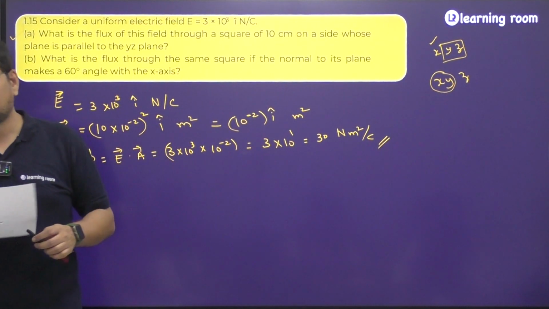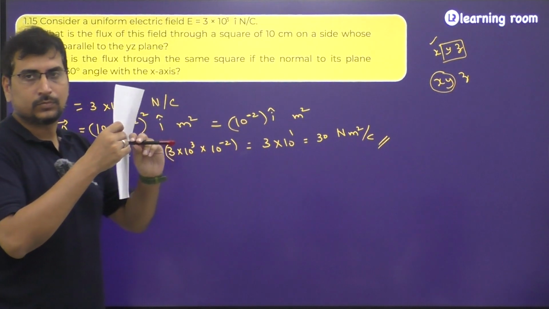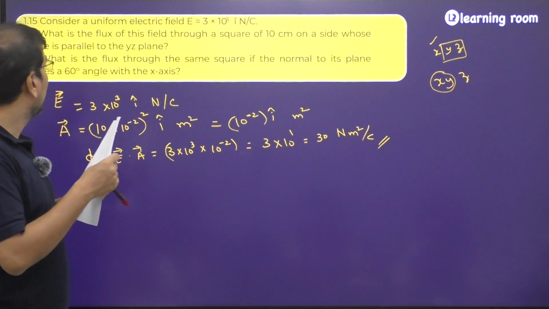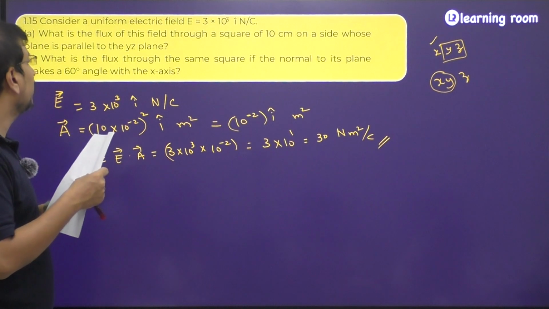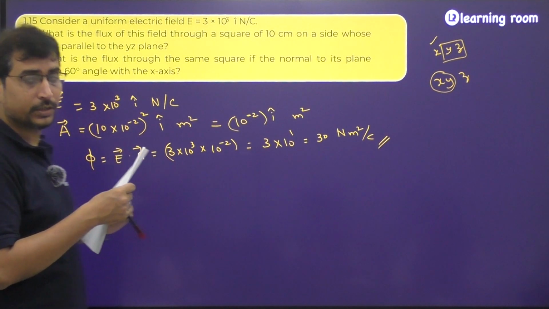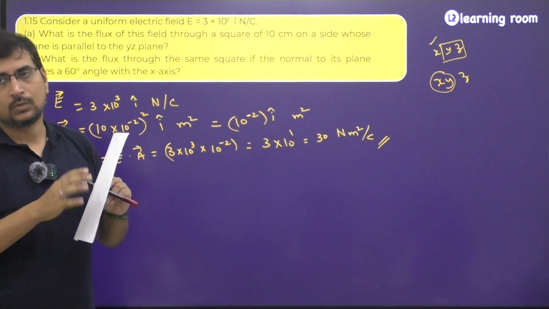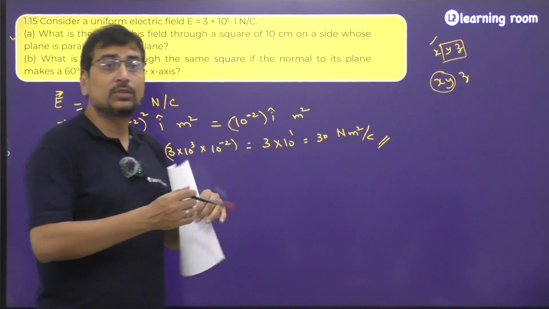Why 90 minus 60? See, this is the electric field, and this is how the normal is. See, how is the normal taken?